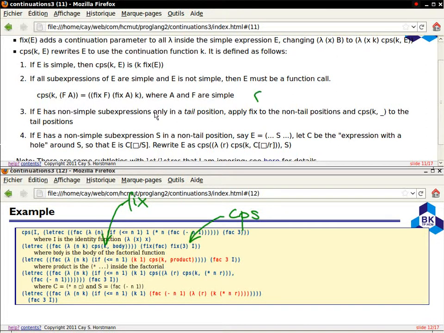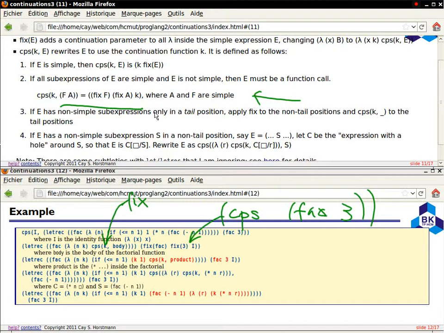So that gets us into this situation. All sub-expressions are simple, and it's not simple. So the CPS of fact 3 is fix fact of fix 3, because that's what it says here. So I'm using this rule here and applying it here.